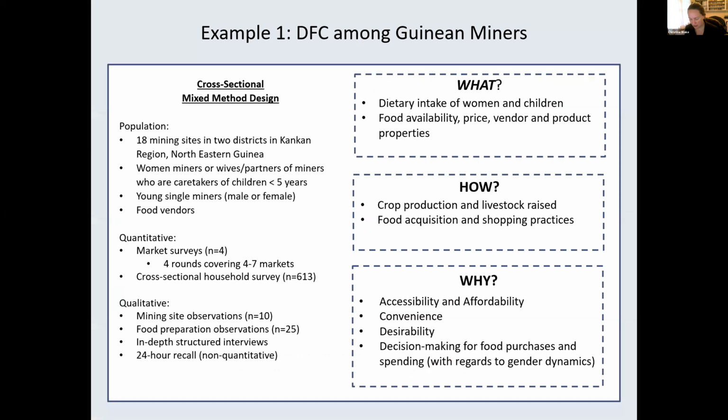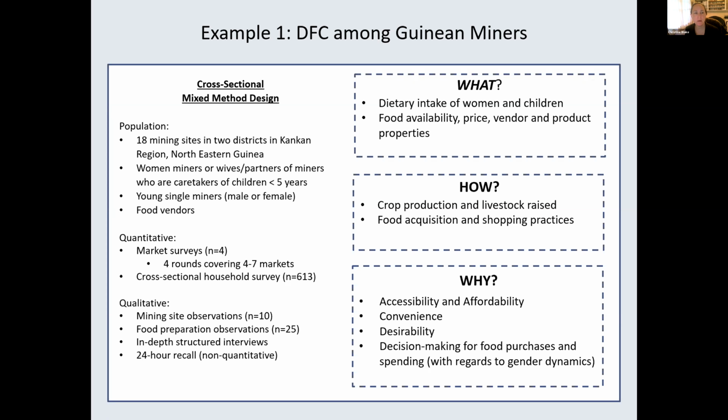Looking at their study in terms of the what, how, and why framework, they carried out a cross-sectional mixed methods design in a population across 18 mining sites in 2 districts in Kankan region in northeastern Guinea.